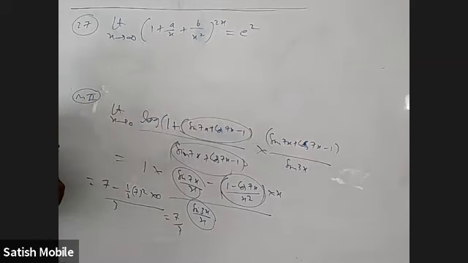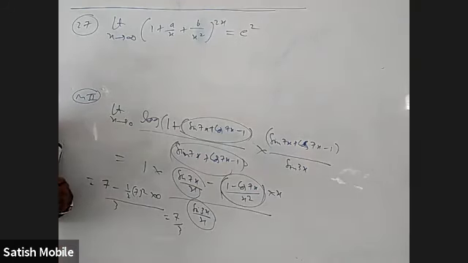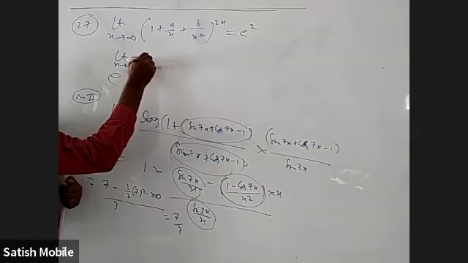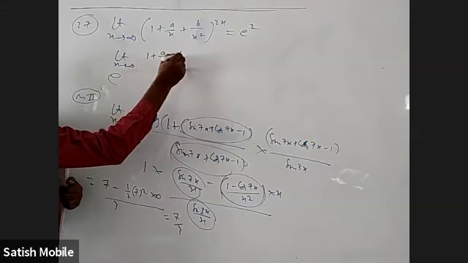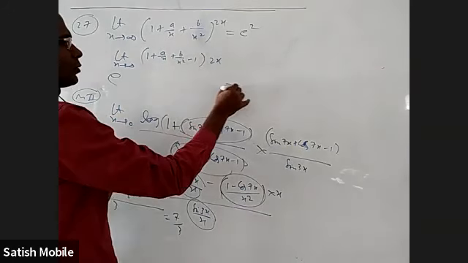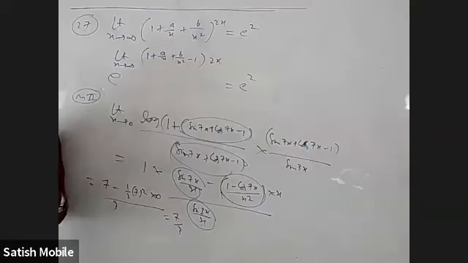It is a 1 power infinity form. Anything in the 1 power infinity form, the formula is e power, it is f of x power g of x, and f of x is tending to 1 and g of x is tending to infinity. E power limit of f of x minus 1 into g of x. That is e power limit x tends to infinity of 1 plus a by x plus b by x square minus 1 into g of x, which is 2x, equal to e square.